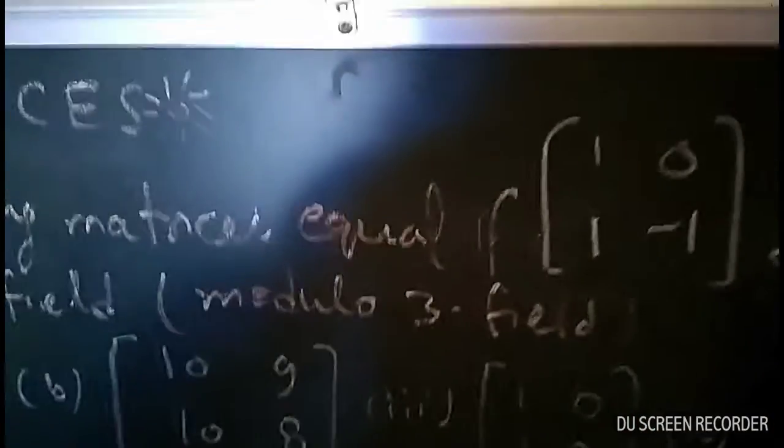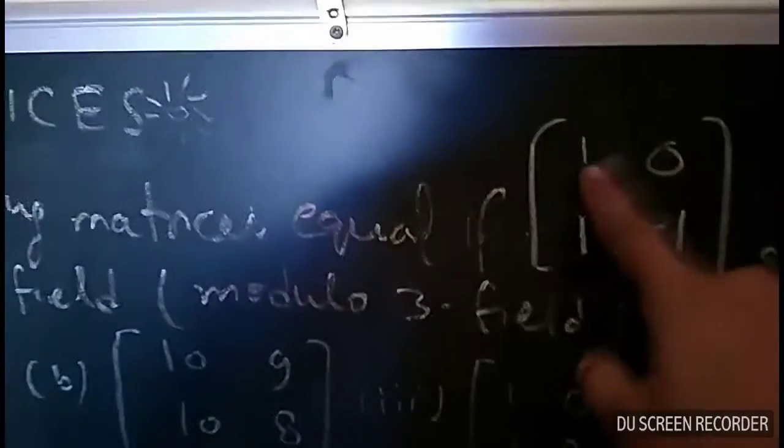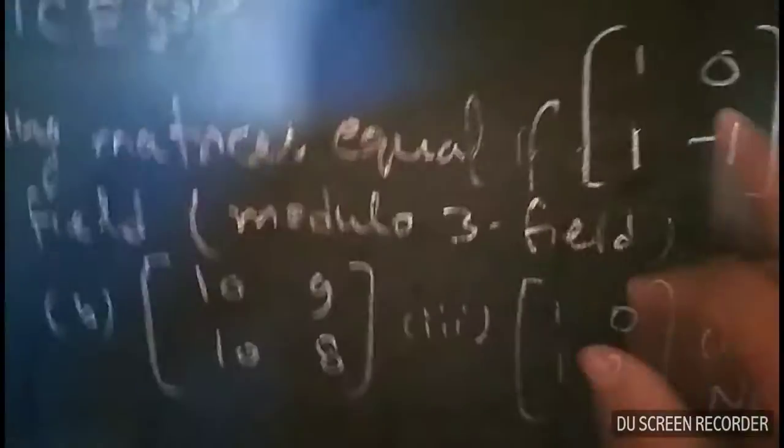Here I will show that the matrix [1 0; 1 -1] is equal to the other matrices, and we know that this matrix is in the modulo 3 field. For this we check first the matrix [4 3; 7 8].